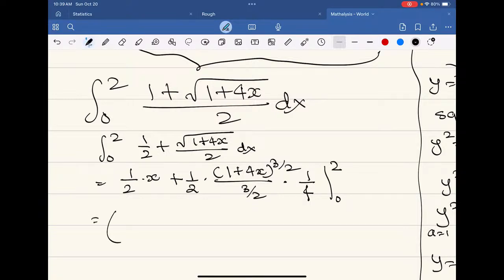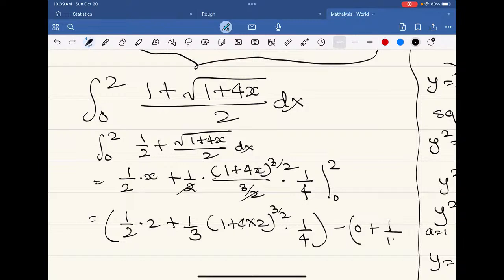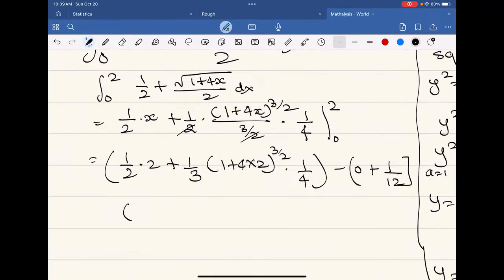So now this is half times 2 plus, now the 2 cancels out, 1/3 times 1 plus 4 into 2 to the power 3 by 2 times 1 by 4 minus 0 plus, this is just 1 by 12, right? Now this is just 1 and this is 9 to the power 3 by 2.